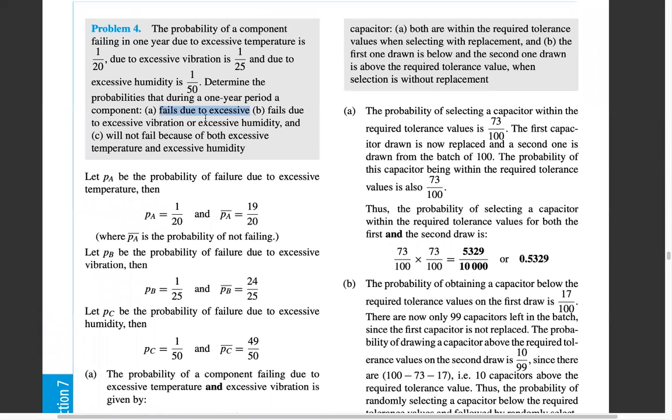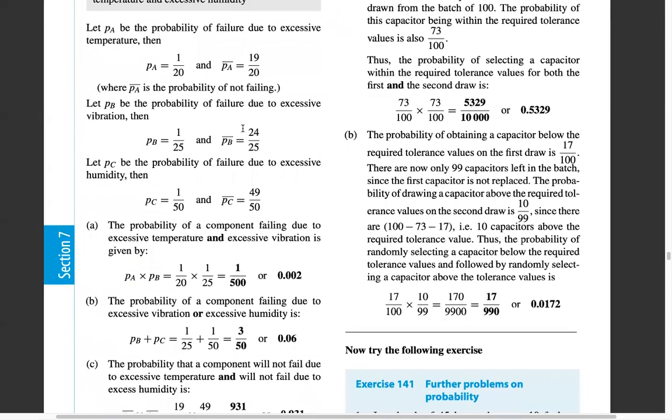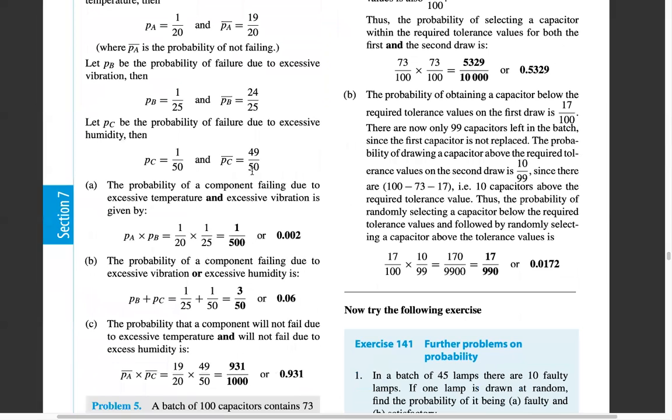Fails due to excessive vibration or excessive humidity, right? That's vibration or humidity. They can't fail for those two events at the same time, so they're mutually exclusive. So you add them. The 'and' is where you multiply them, right?